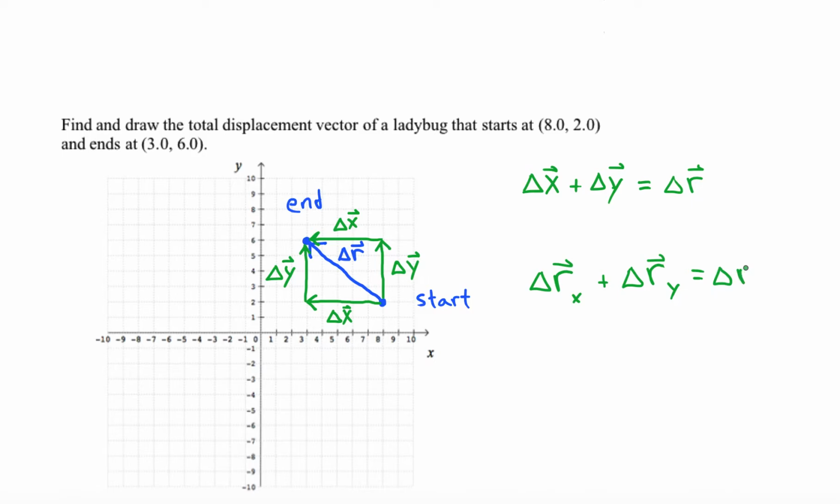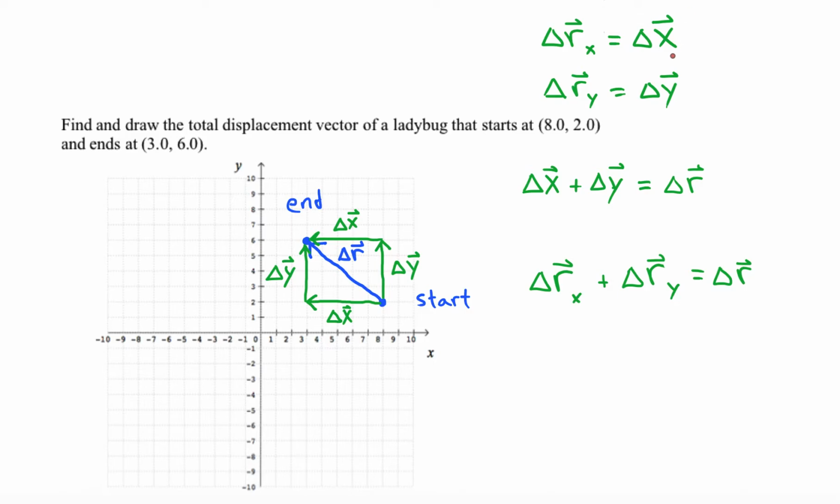But both of these things mean the same thing. Delta r_x is the same thing as delta x, and delta r_y is the same thing as delta y. So just be aware you may see these interchangeably used.